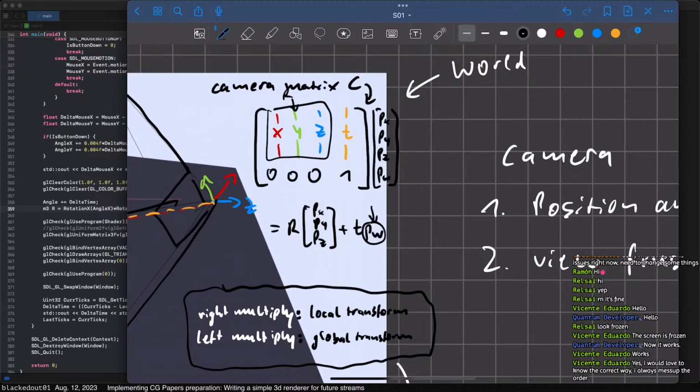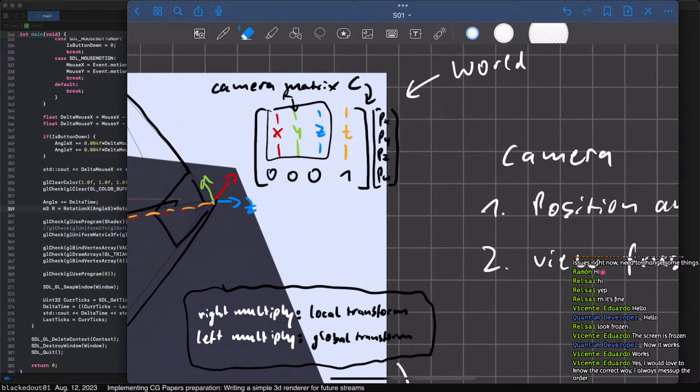And for example, you don't want to translate normal vectors because that would make them look weird. So normally with normal vectors, you use a w coordinate of 0, and with positions, you use a w coordinate of 1. But that's the basic idea of what this matrix looks like.